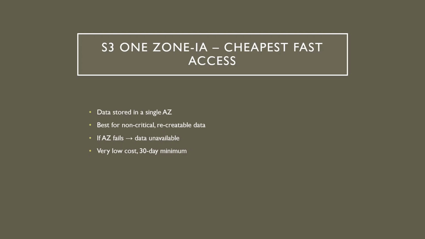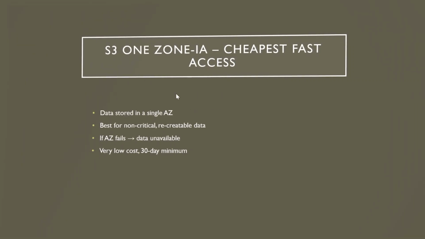Here there is a warning. If that availability zone goes down, your data becomes unavailable. Its cost is cheaper than Standard IA, with the same IA retrieval fee and the same 30-day minimum charge. So this was S3 One Zone IA.